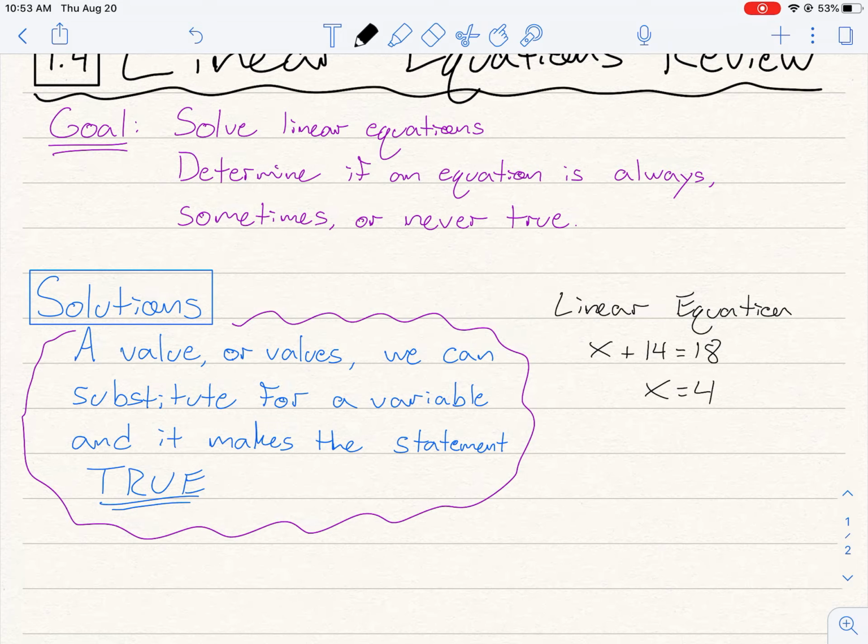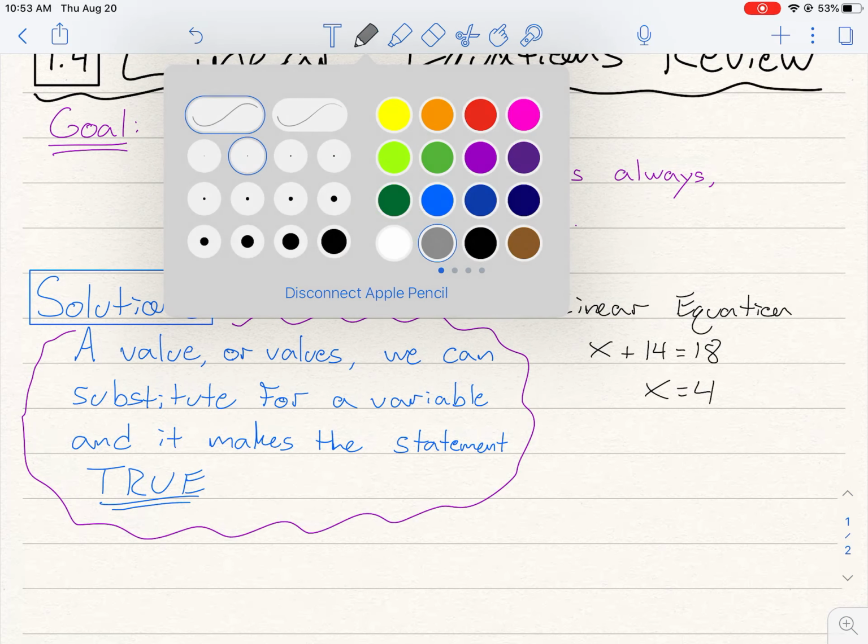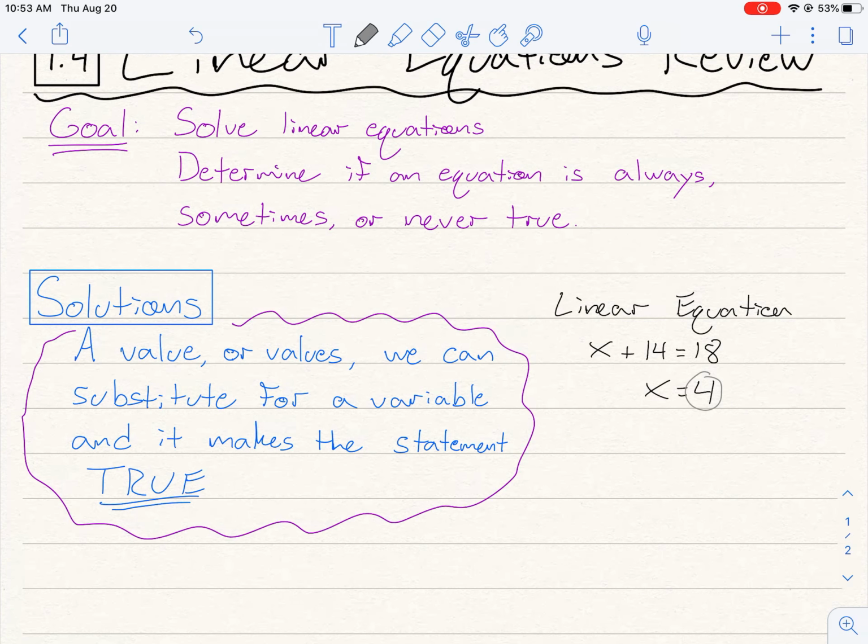I've solved for x there. That means that this is the solution. If I were to plug this in, it would work out, right? So in terms of a linear equation here, there's just one solution.